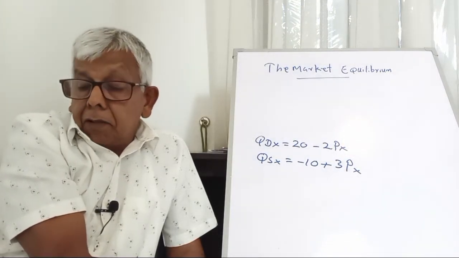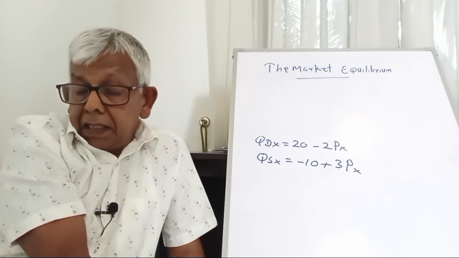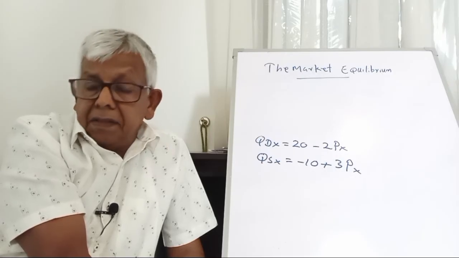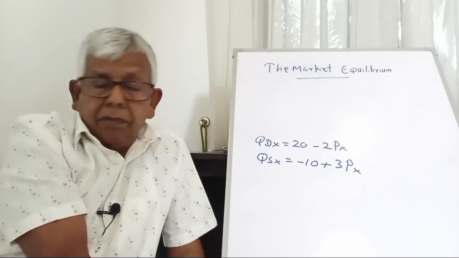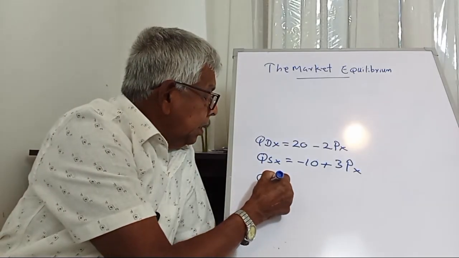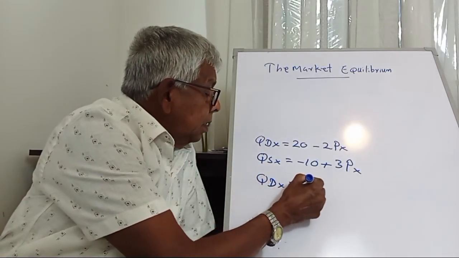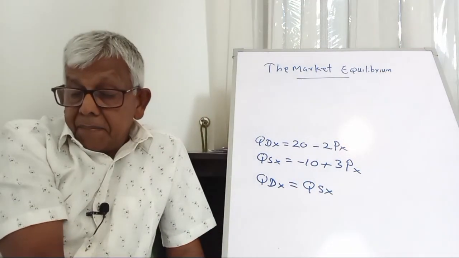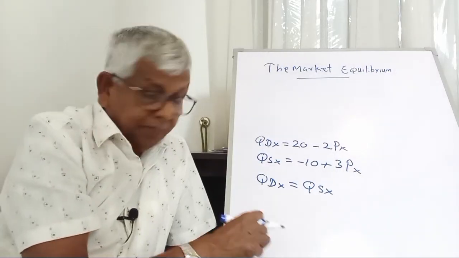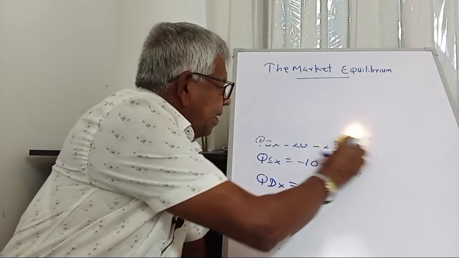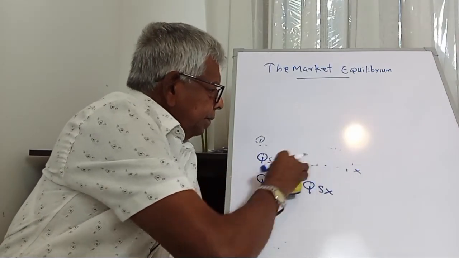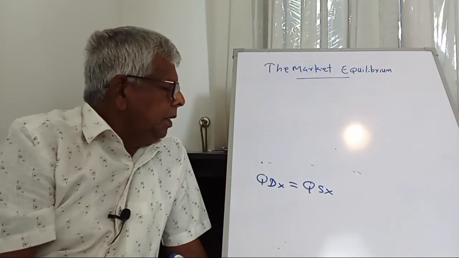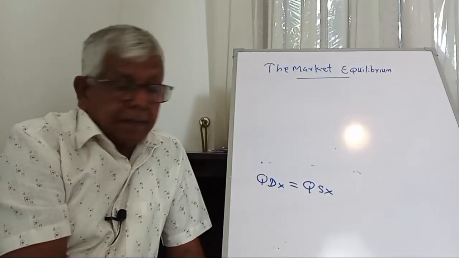At the market equilibrium, the quantity demanded is equal to the quantity supplied, and therefore Qdx equals Qsx.